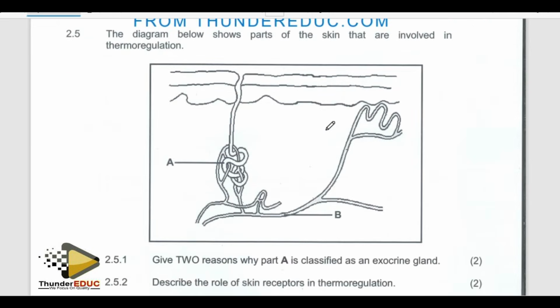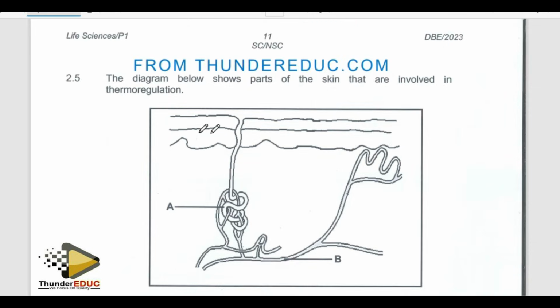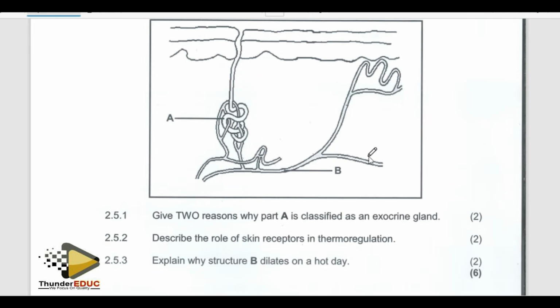The skin. I used to draw the skin, and then some people were saying that the skin is so simple. Actually, the skin is so simple. Yes, very simple. They're asking, okay, what is A? A is the sweat gland, sweat duct.